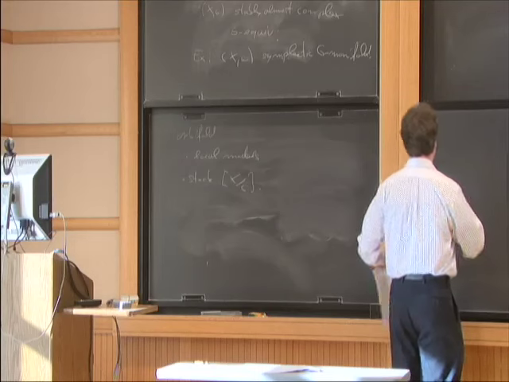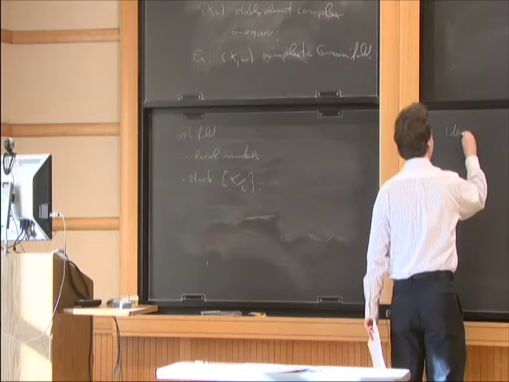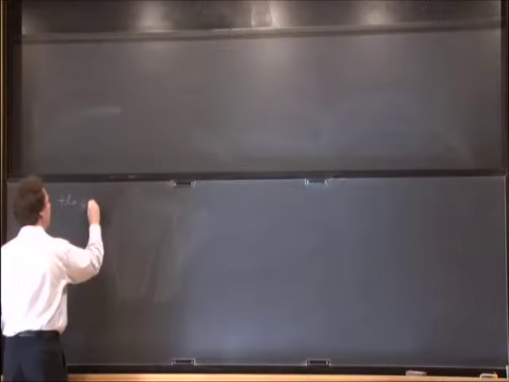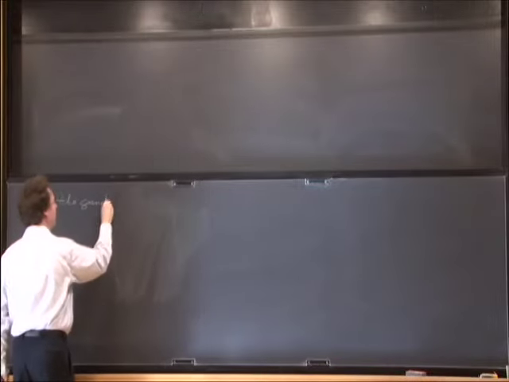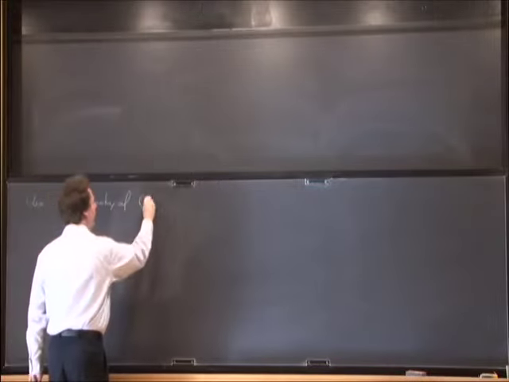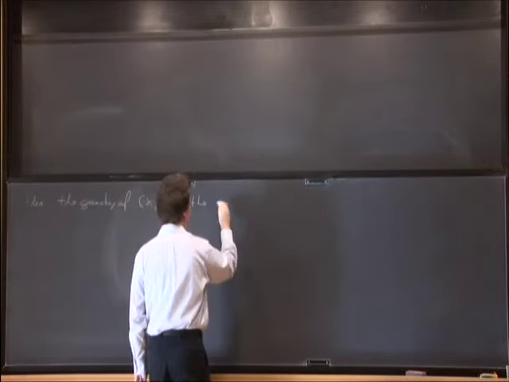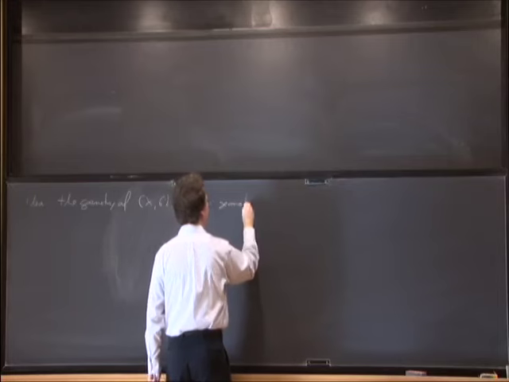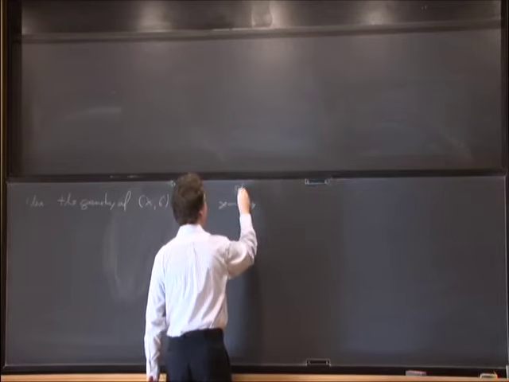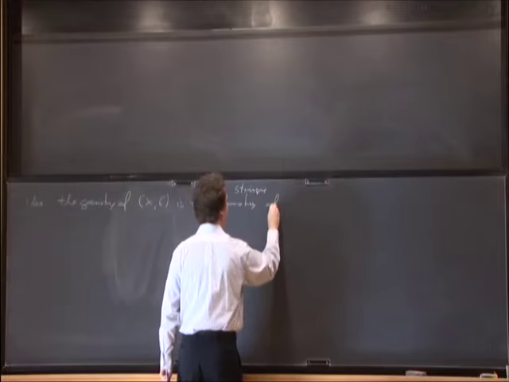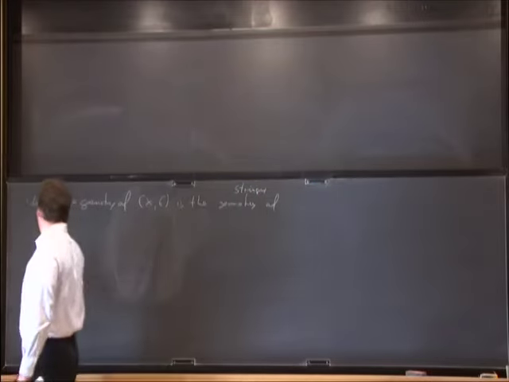So the idea is that the geometry of this pair (X, G) is the geometry, or actually maybe the stringy geometry, of the following thing.